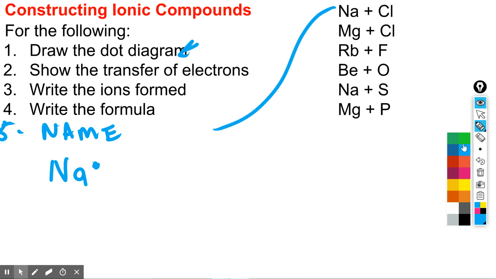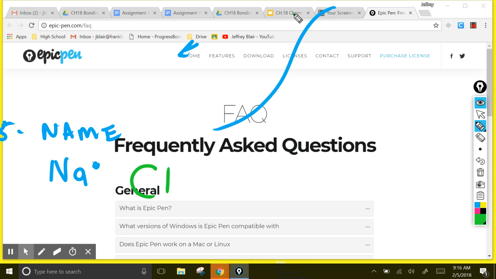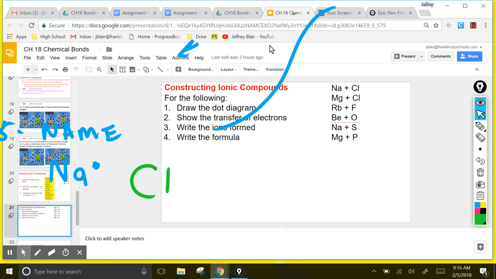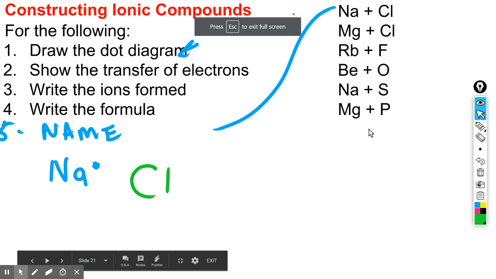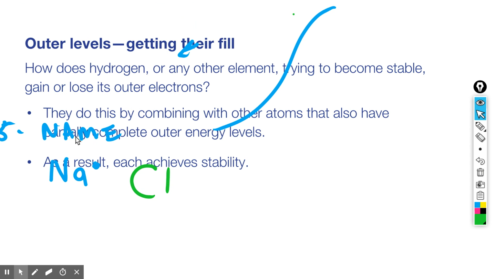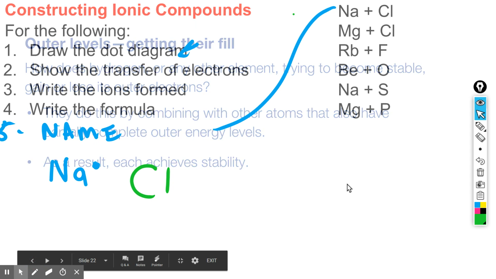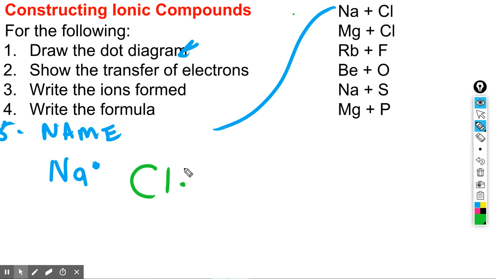Chlorine has 7 valence electrons. One, two, three, 4, 5, 6, 7.